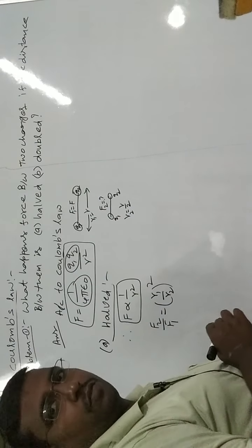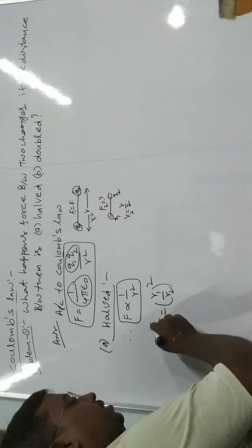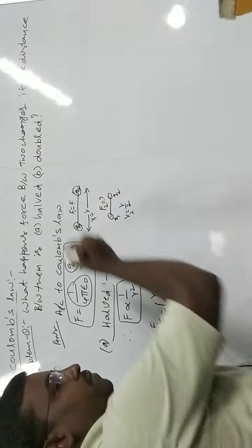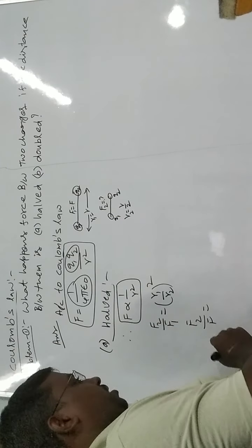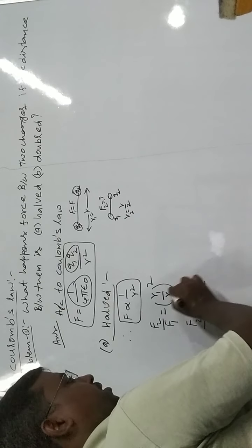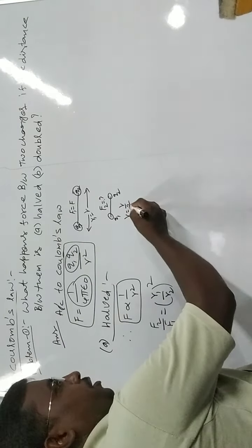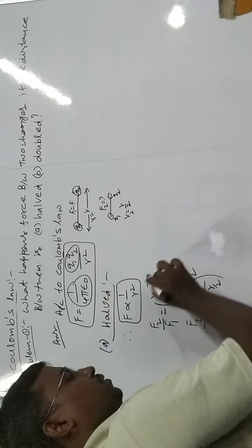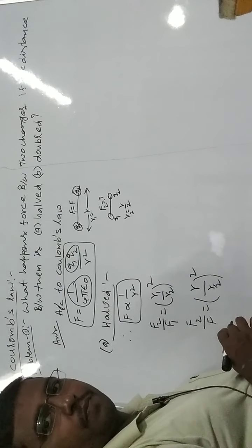Okay friends, you understood this one? F2 by F1, where F1 is F, and R1 is R and R2 is R by 2, R by 2 whole square.